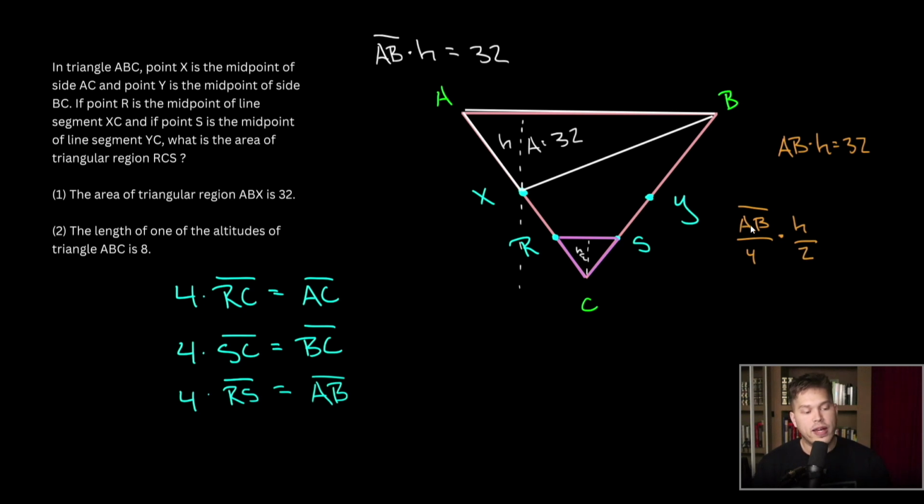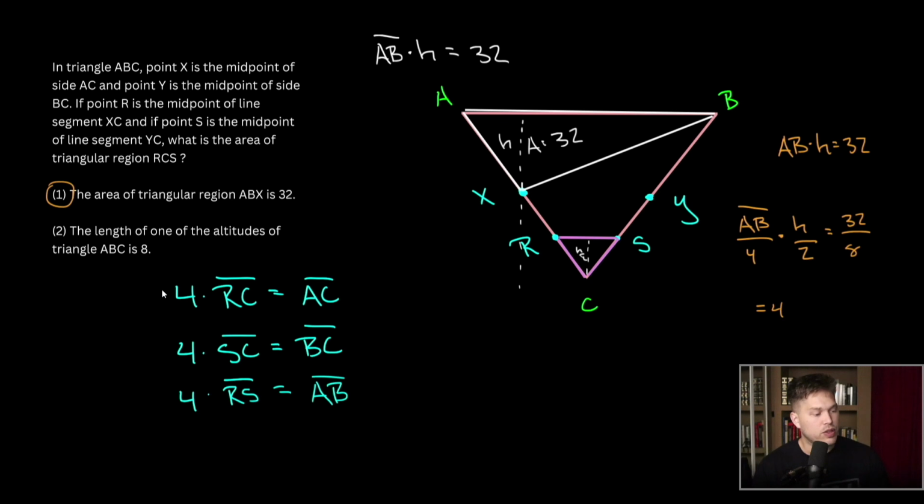We know already that AB times height is 32, so this is going to equal 32 over 8, which is 4. So using statement 1, we can determine the area of our triangle. So statement 1 is valid.